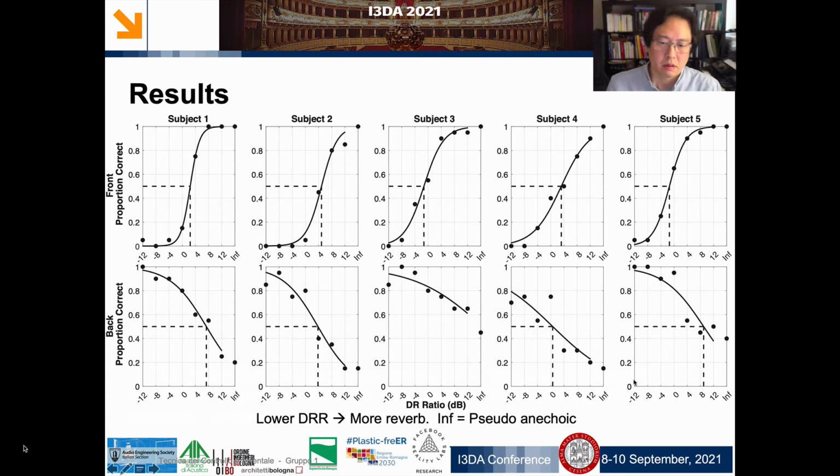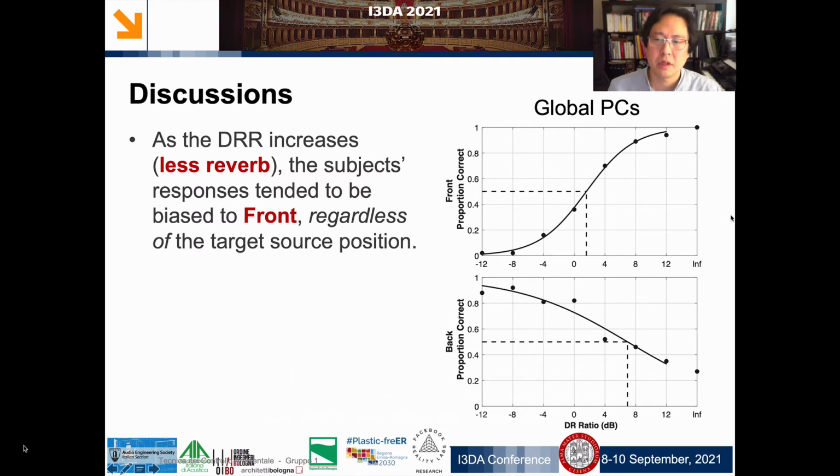Now, combining all of these results just to see a global pattern, we can see some very interesting trend emerging here. As the DRR increases, which means there's less reverb, the subject response tended to be biased to front, regardless of whether the source was in front or at the back.